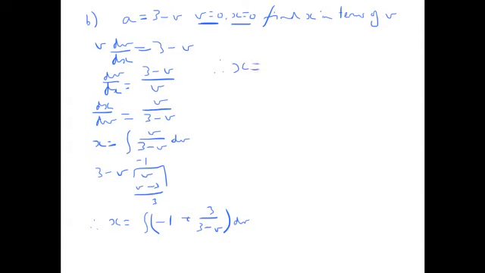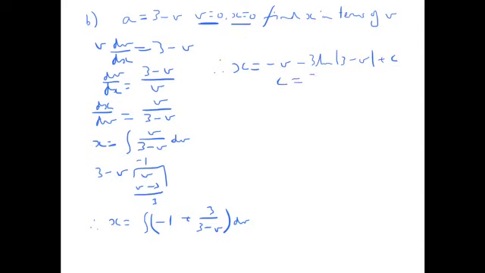So now we're going to anti-differentiate x in terms of v, so that'll become negative v. And we've got negative v minus the antiderivative of 3 over 3 minus v, which is negative 3 log of 3 minus v, plus c. What did we know? We knew that x is 0, v is 0, so you get 0 equals 0 minus 3 log 3 plus c.